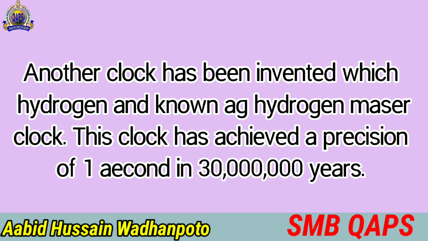This was also a convenient way to measure accurate time, with not much difference in the time, taking about 30 lakh years to differ. So here we talk about the advantage of these two clocks: the cesium 133 mass number clock, and the second one, the hydrogen clock.